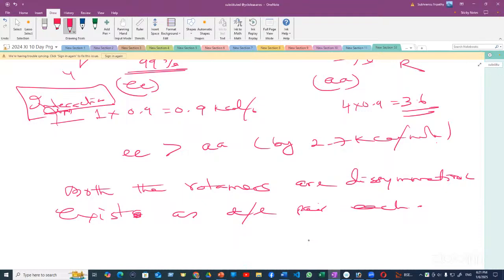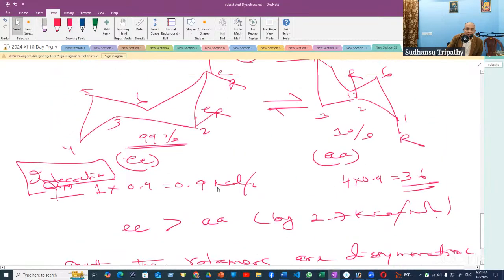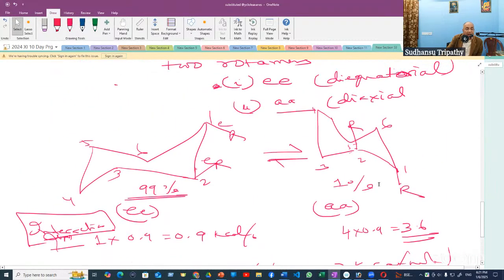There will be 4. Okay, sir, four. Yes. EE has 2, AA has 2. But they are interconvertible. We can't separate them. The D and L of EE cannot be separable. The D and L of AA cannot be separable. It's not possible to resolve.